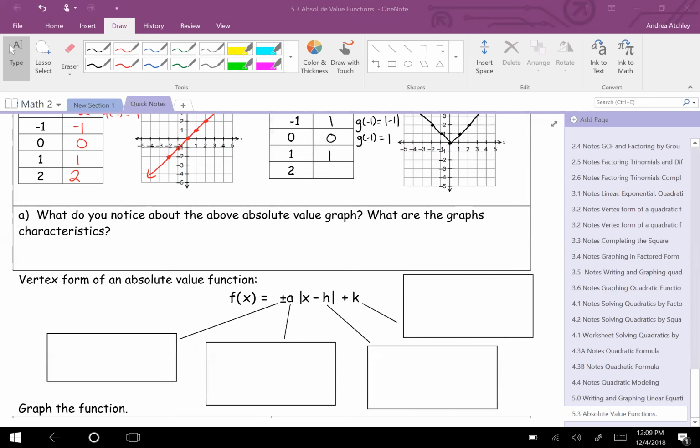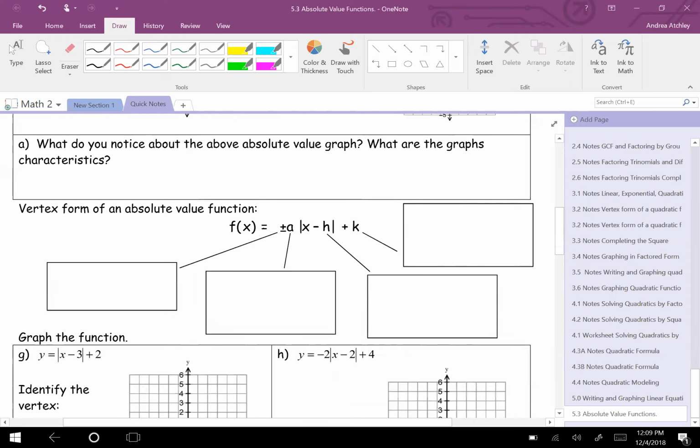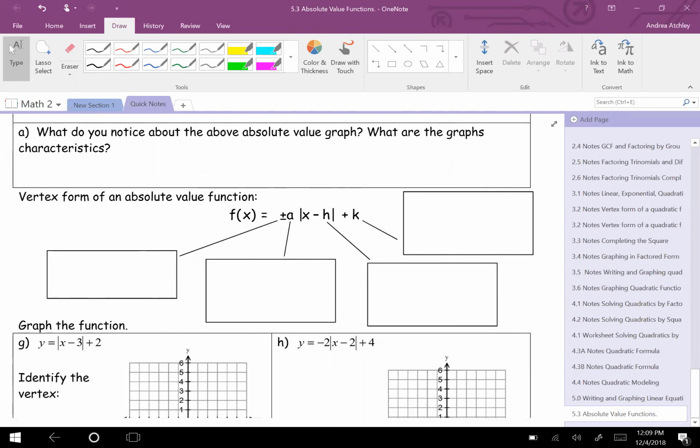Okay, absolute values are very similar to the quadratics that we've been doing all year. They have a vertex form, just like a quadratic had a vertex form that makes it easier to graph. It has the stretch, the shrink, the shift left, right, up, and down, just like a quadratic did.